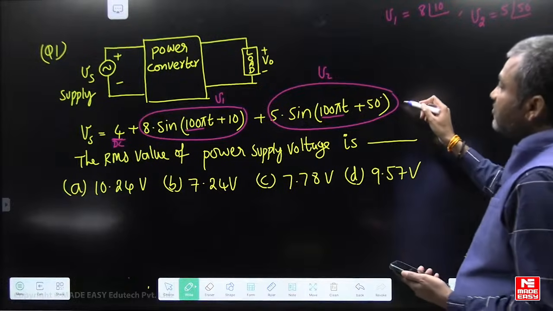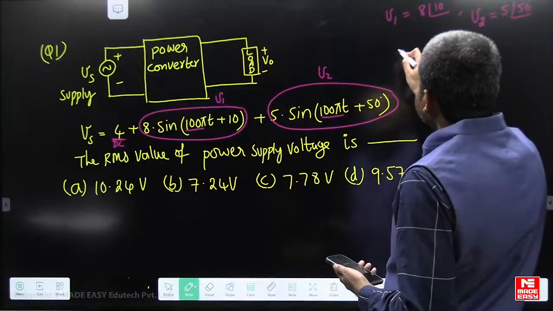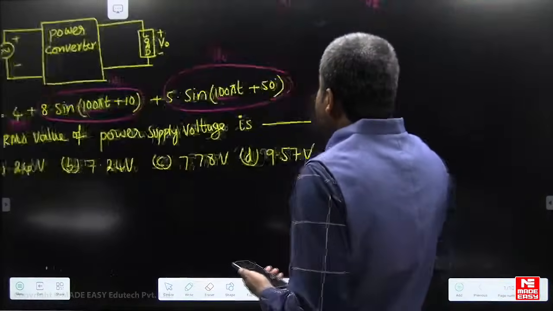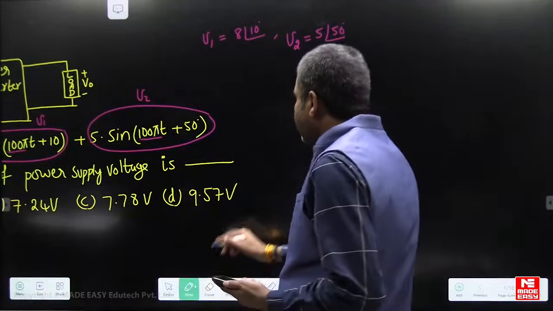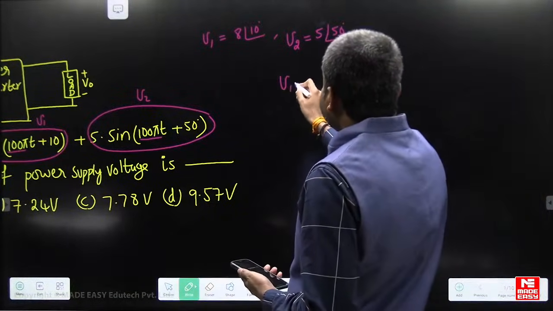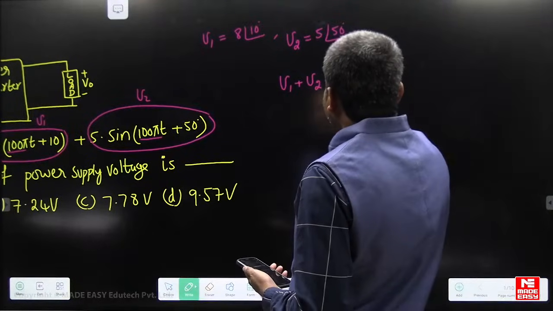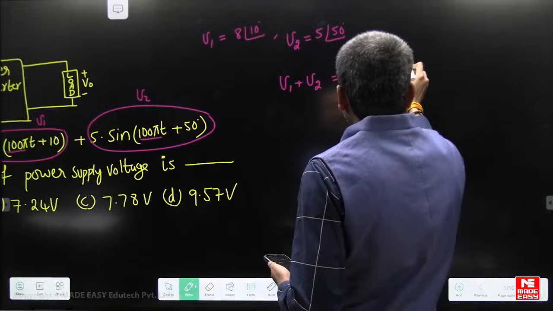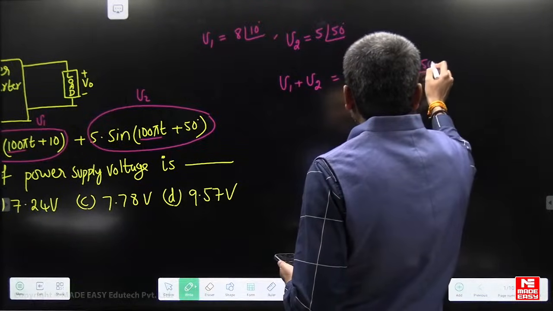Now what is the vector sum of this resultant voltage? Can you find the vector sum? What is V1 plus V2 here? V1 plus V2 is equal to 8 at an angle of 10 degrees plus 5 at an angle of 50 degrees.